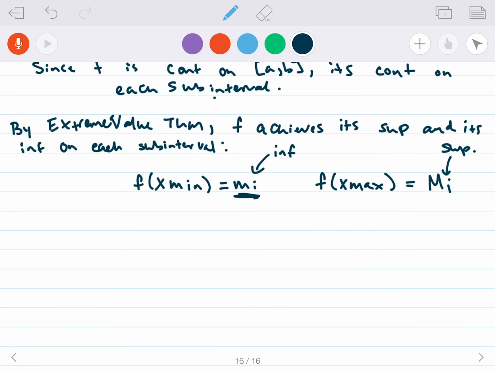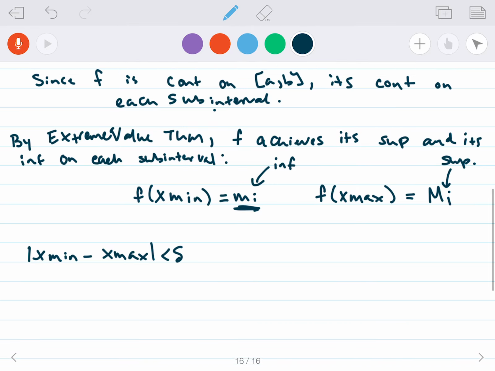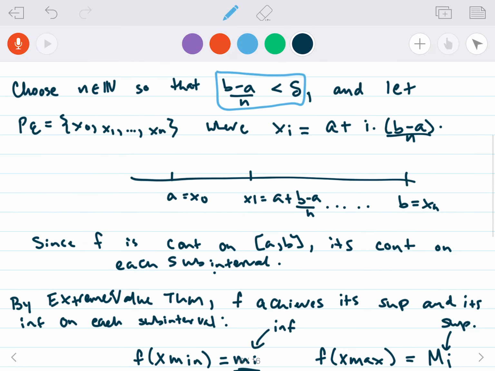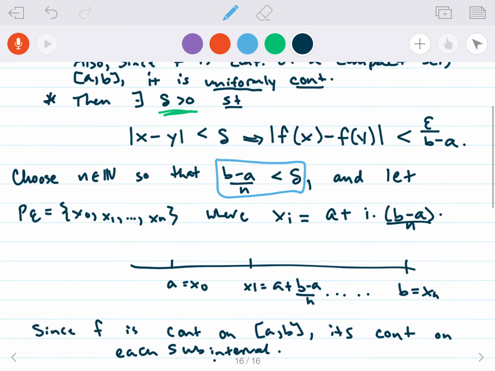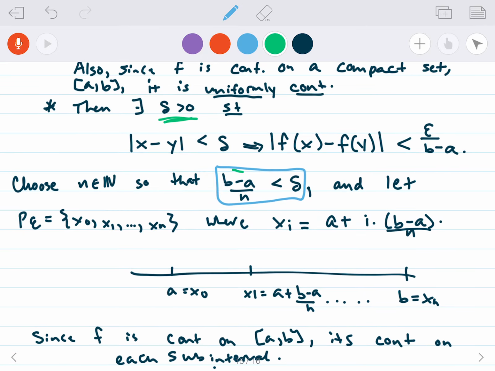Well, then we have the following. The distance between x min and x max is going to be less than delta because of this condition right here, right?